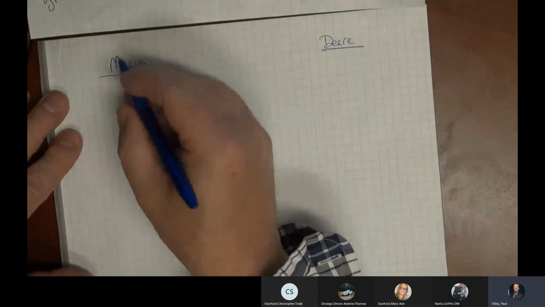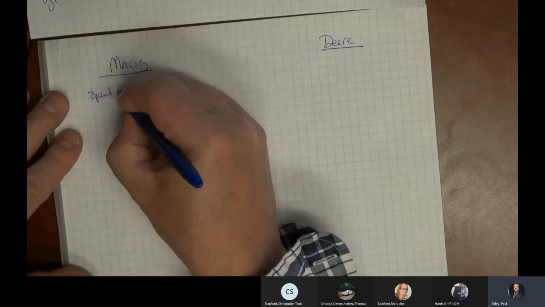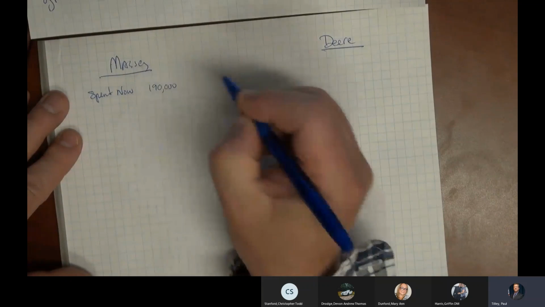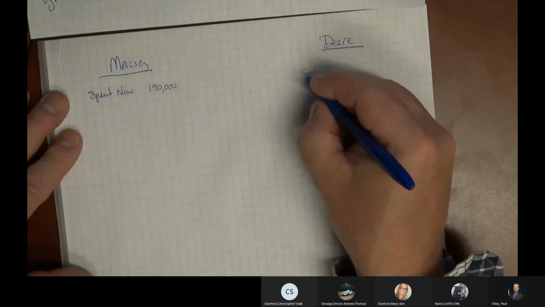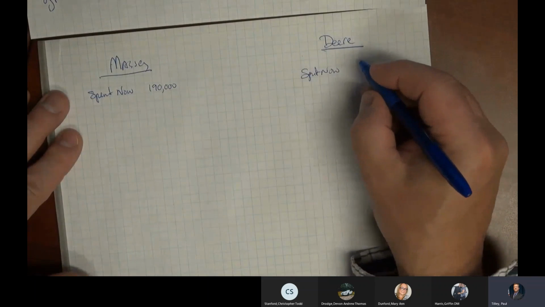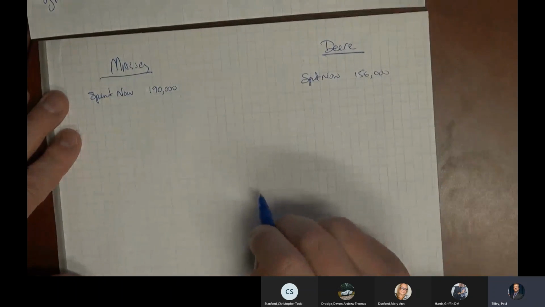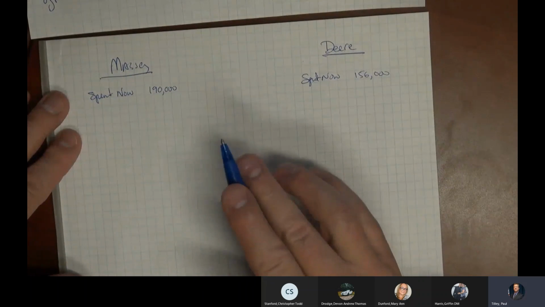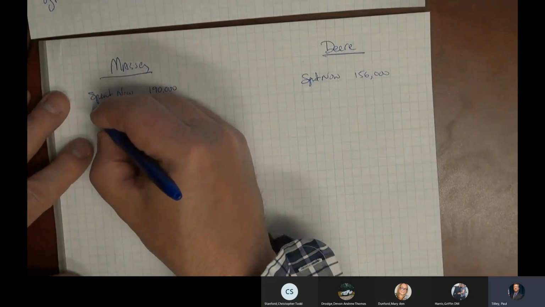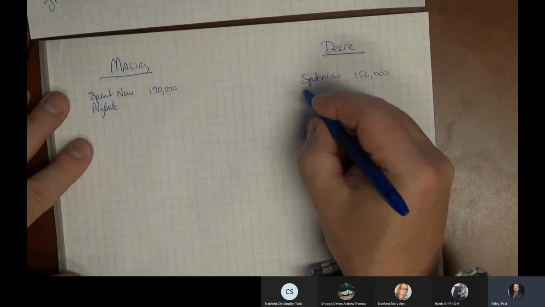We have to spend now $190,000 for the Massey, or we could spend now $156,000 for the Deere. Now, considering the resale, the PV of resale, we could subtract that out.